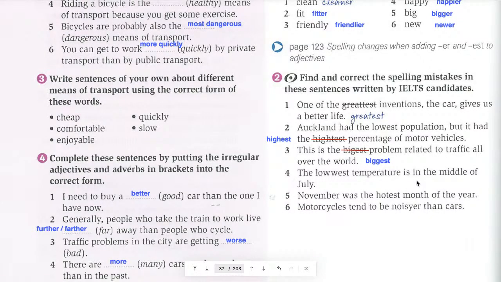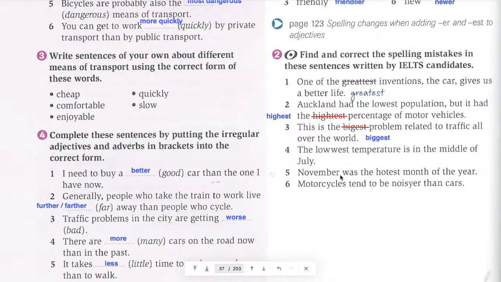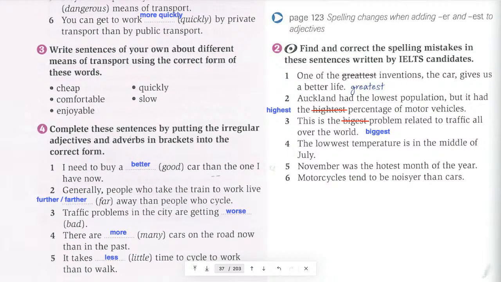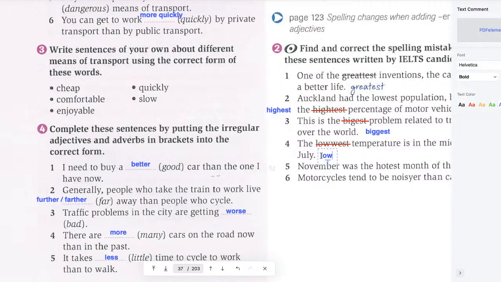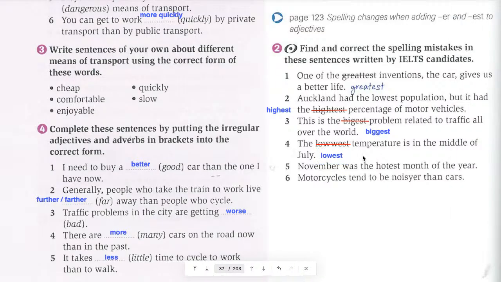You just need to remember the word. It is easier. Now number 4, Di Tâm. Yeah, lowest. That is wrong. We don't need double W, right? Remove one W. So you have lowest with only one W. The lowest temperature is in the middle of July.